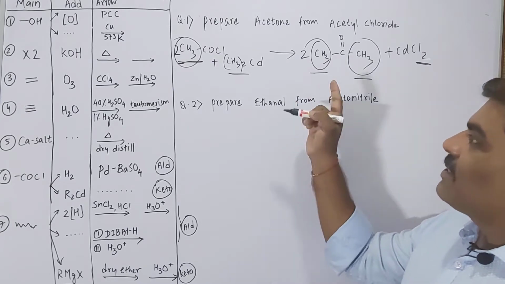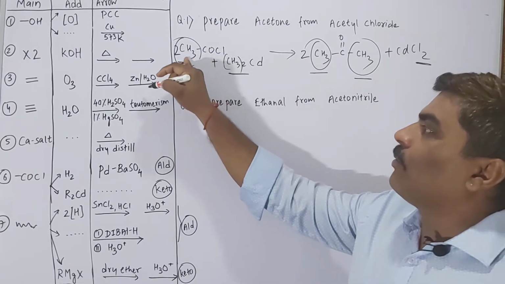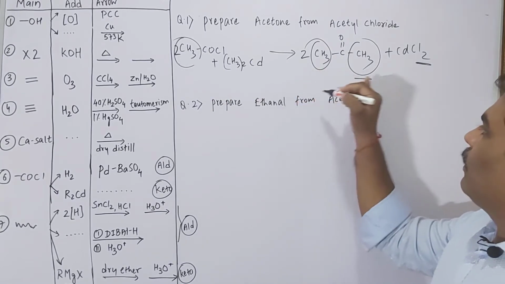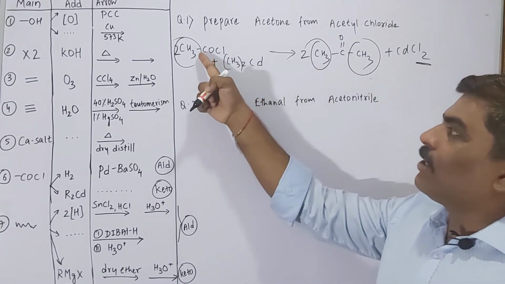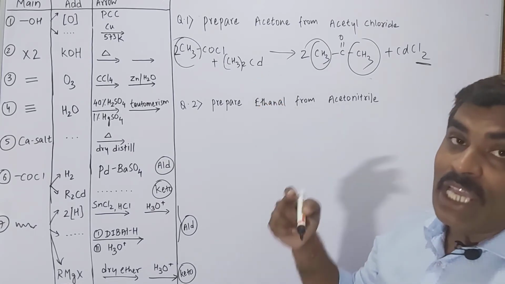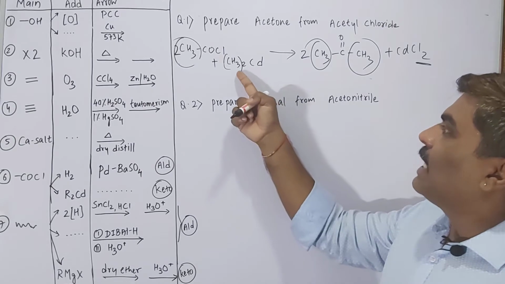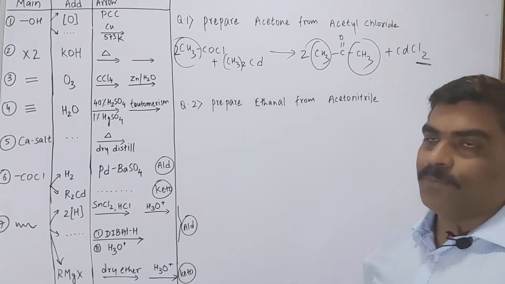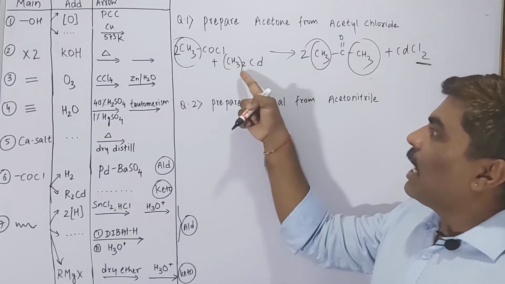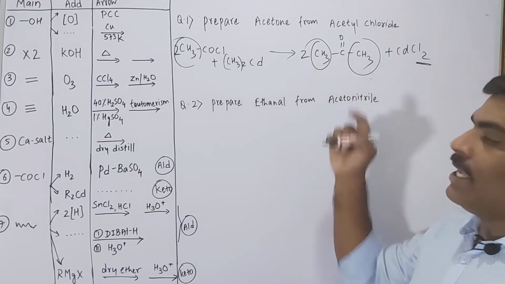This way the reaction is balanced. So to prepare acetone from acetyl chloride, what we have to add is dimethyl cadmium. When acetyl chloride is treated with dimethyl cadmium, it gives acetone.